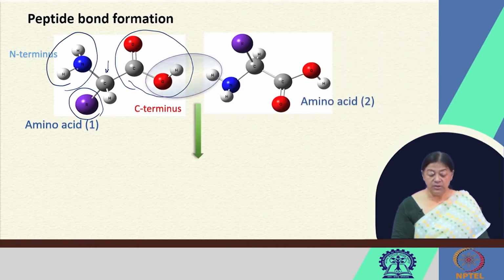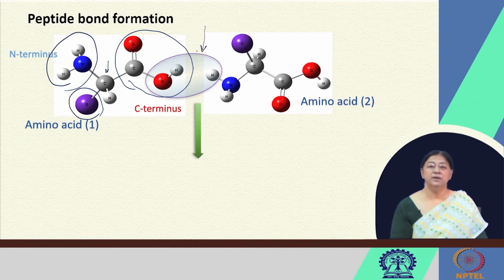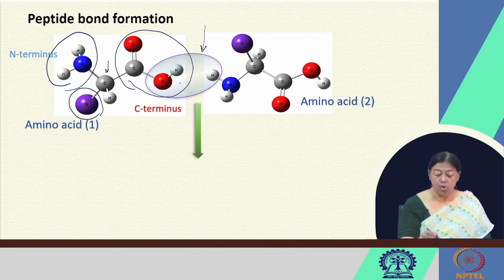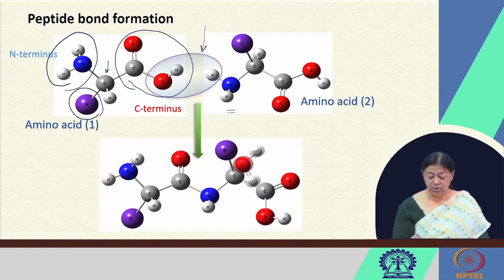Now, they are going to link together, and what are they going to do? They are going to condense together in a process known as condensation and lose the water molecule. So, we have OH on this side and H from the amine N terminus of the second amino acid, and we lose the water.